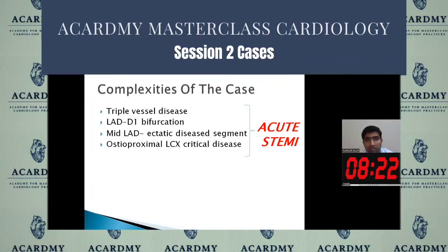But in acute ST elevation MI, our plan was to minimize the procedure time, minimize the contrast load, and achieve TIMI 3 flow without compromise of any average size vessel, because this patient had triple vessel disease with distal CTOs, and even a compromise of blood flow in an average size vessel may be fatal to the patient. The patient might have hemodynamic collapse.